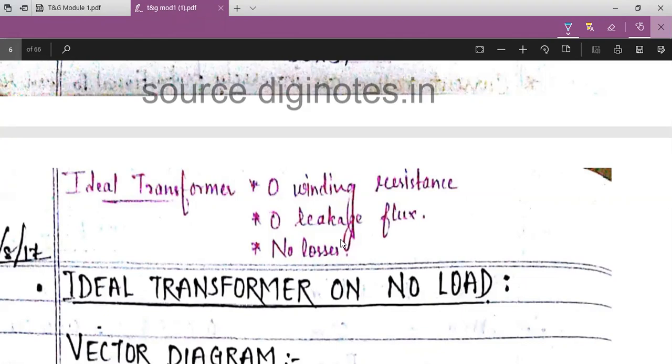The word itself says ideal. The input power will be the same as the output power. In the case of an ideal transformer there is zero winding resistance, zero leakage flux, and also no losses.